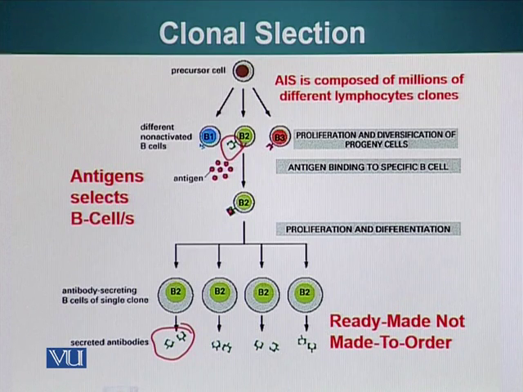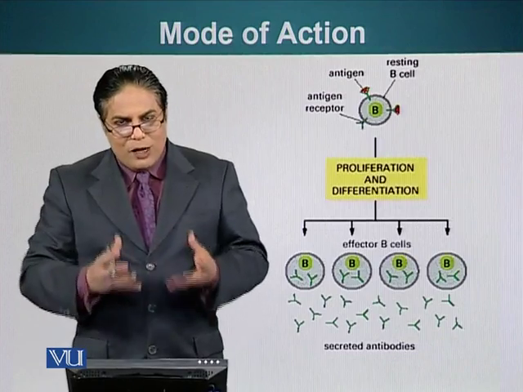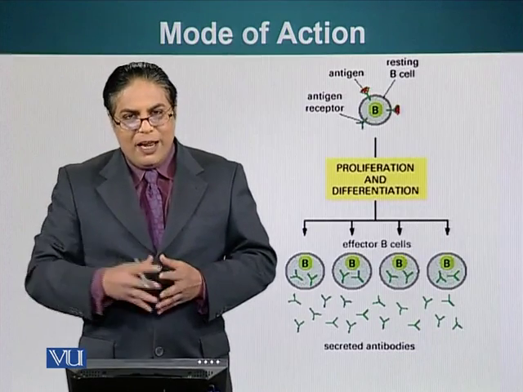Whichever B cell can bind that antigen will become active, it will divide and it will produce antibodies. If it were made to order, when the antigen comes in, our immune system would have to customize antibodies that can bind to that specific antigen. That would have taken much longer. So our immune system is ready-made and not made to order. A very, very impressive way to neutralize the offending pathogens.